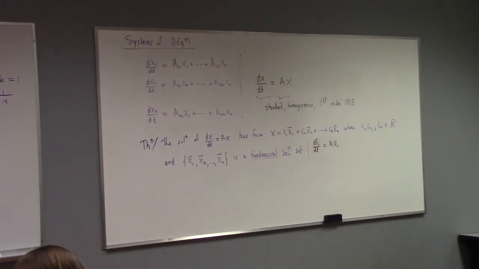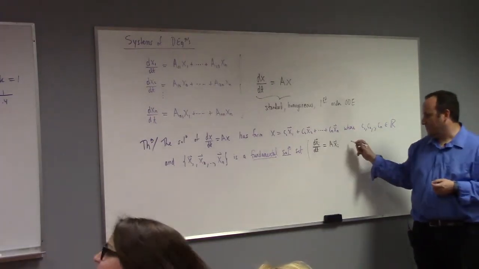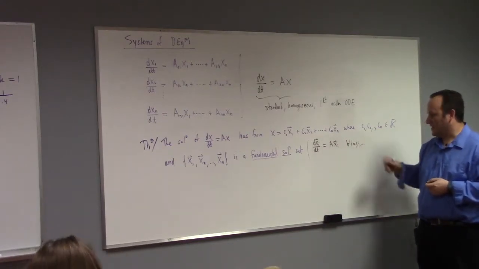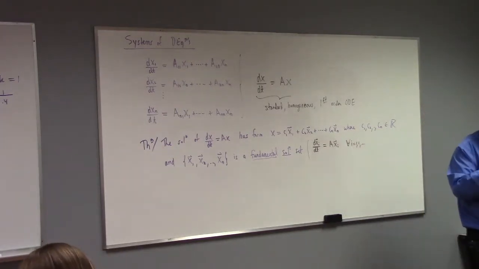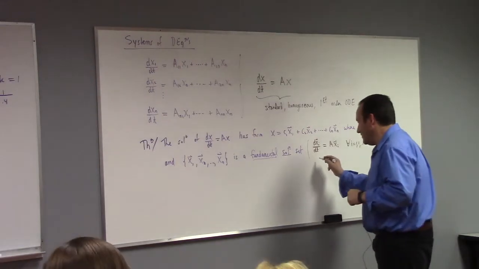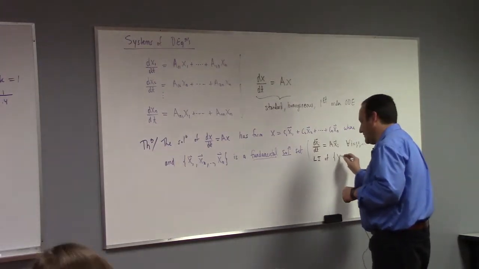Anyway, so dx_i/dt equals A x_i for all i. Yes, bless you. So every one of these is a solution, and what that means is if you plug it in, it works. And then two, you have linear independence of this.